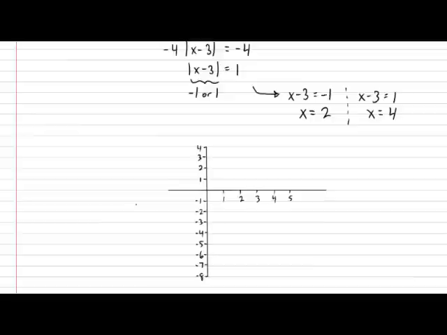Okay, let's get all our clues down one by one. As usual, I'm going to be drawing my graph in a different color. First things first, let's get the vertex down. Our vertex was located at 3 and 4. So I'm going to put 3 and 4. There's our vertex.